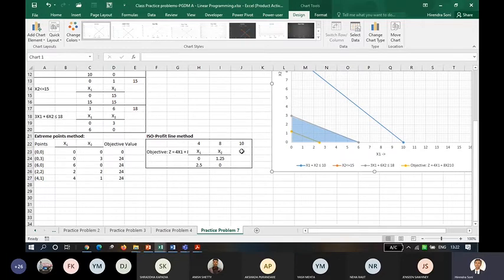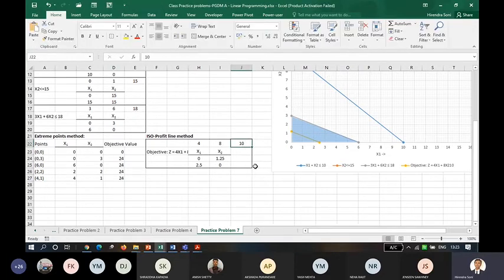This is your objective function. Let me increase it, say 20. Can you see it is moving parallel to this line? Let's make it 25. The minute I make it 25, it goes just outside this line. 26, say, would be very clearly visible.